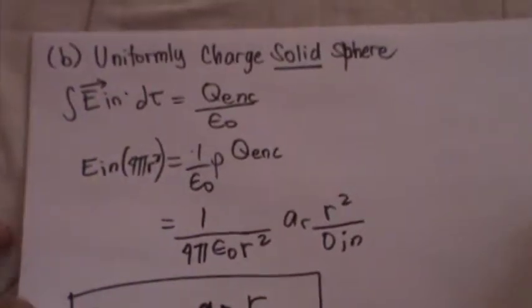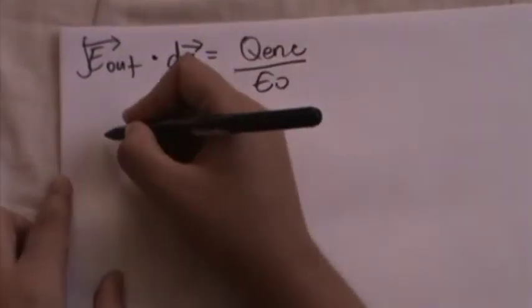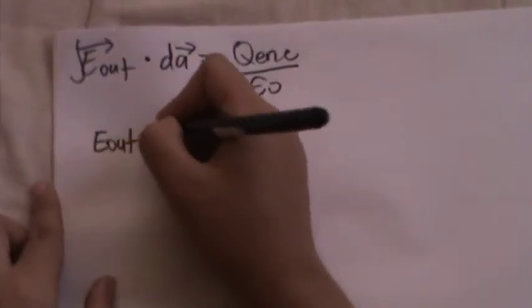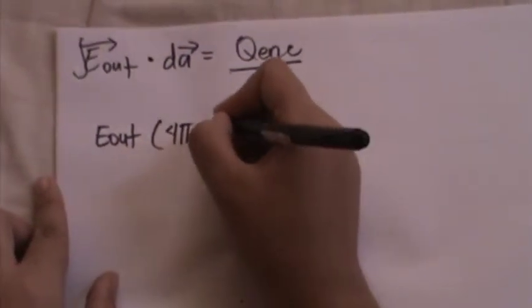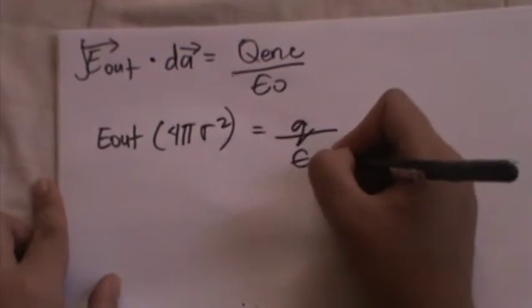So let us now solve for the electric field outside. Your electric field outside, E out, can be solved using the integral of electric field outside multiplied by dA equals Q enclosed over epsilon naught again, and again we will have E out multiplied by 4 pi r squared equal to Q over epsilon naught.